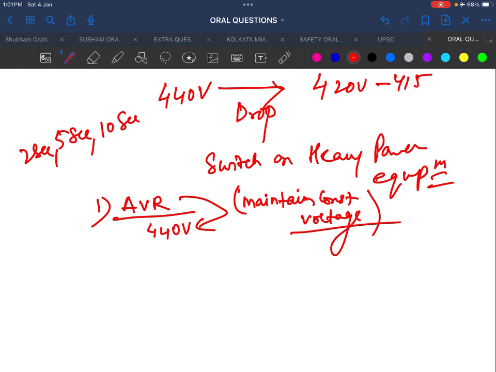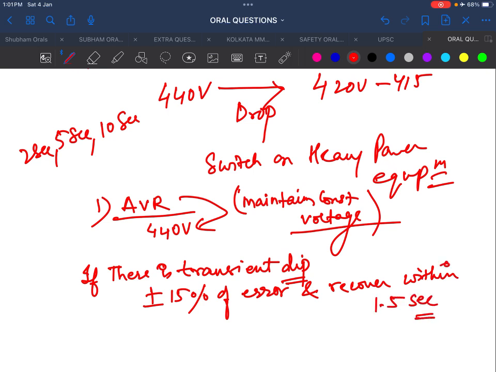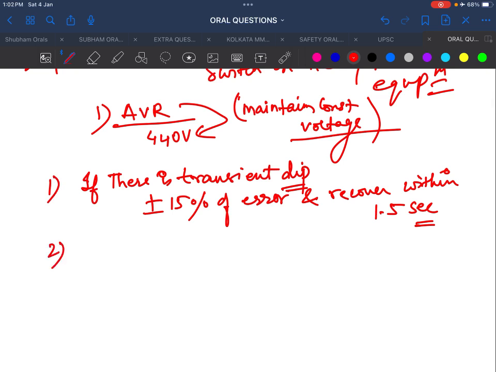If there is a transient dip, it can survive up to plus or minus 15% of error and recover within 1.5 seconds. Okay, so this is one regulation.